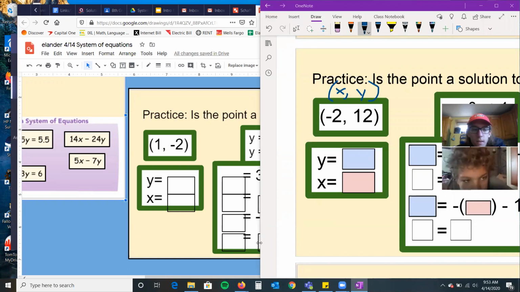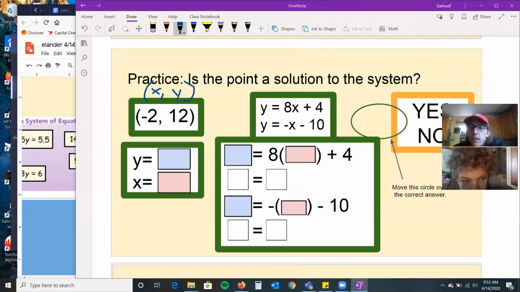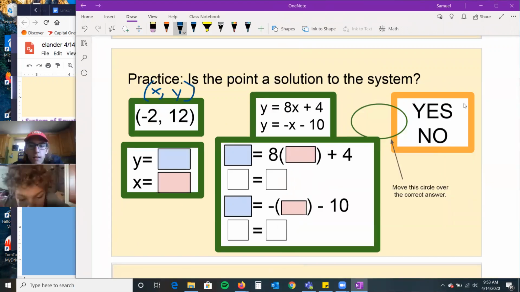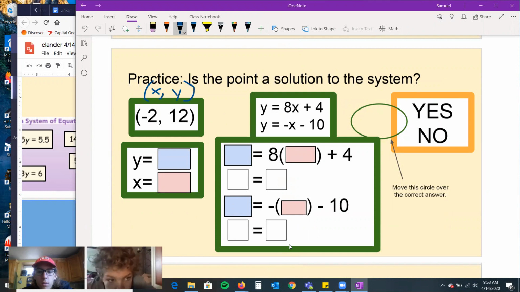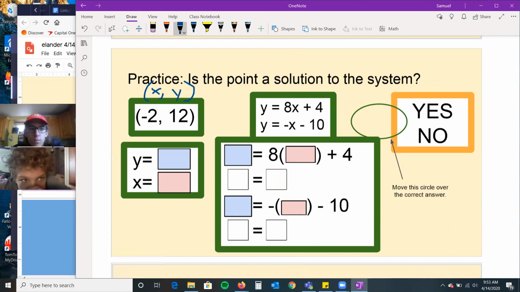Okay. Alrighty, so let's check. Good, thank you guys for responding. All right. Okay, so if I'm checking this, I write down, this is just kind of for me to keep track. I say, okay, my x value is a -2, and my y value is a 12.